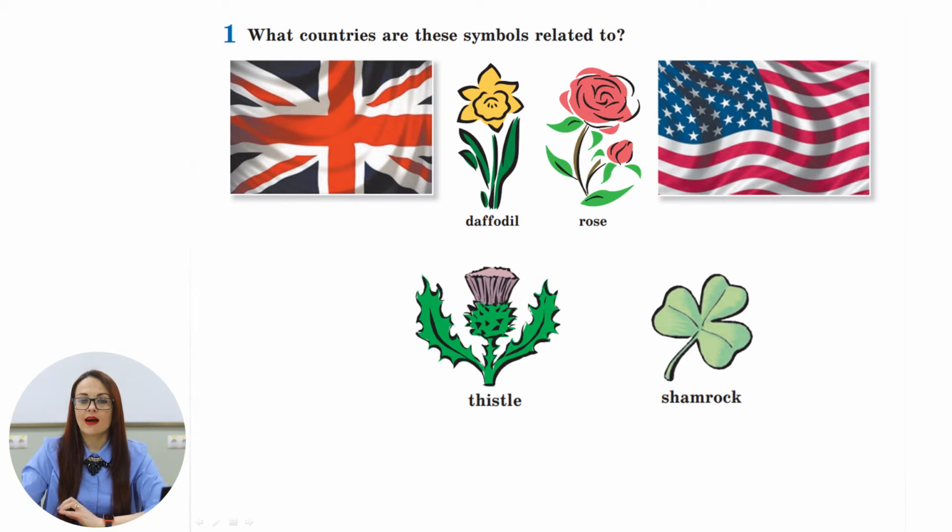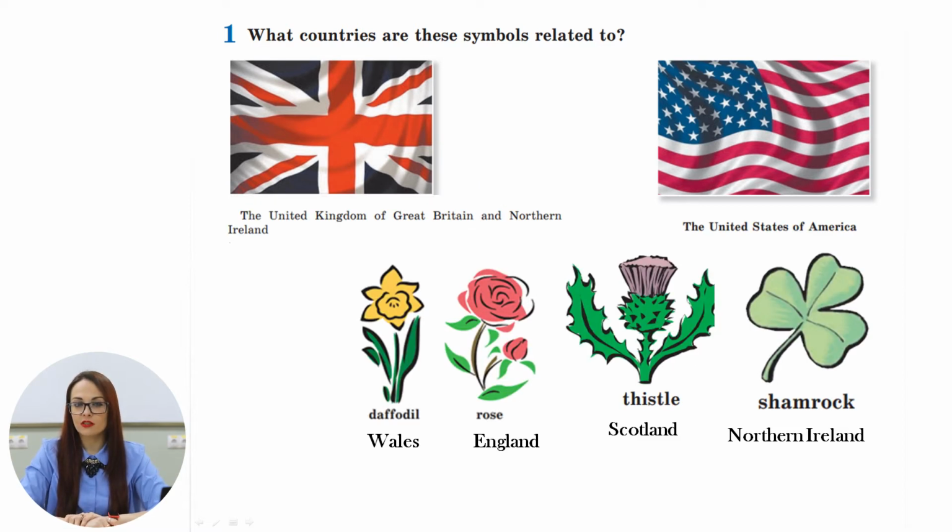What countries are these symbols related to? Do you remember? So the first picture is the symbol of the United Kingdom of Great Britain and Northern Ireland that consists of 4 parts: England, Scotland, Wales, and Northern Ireland.